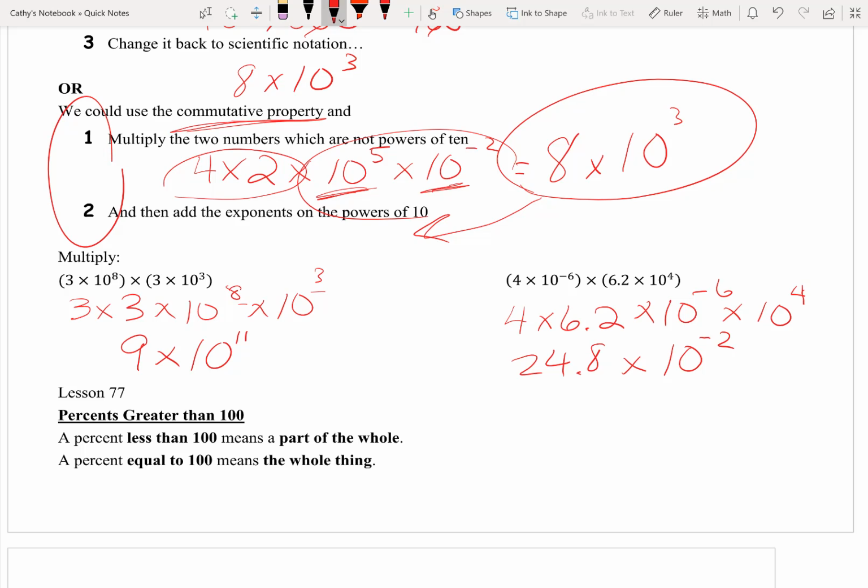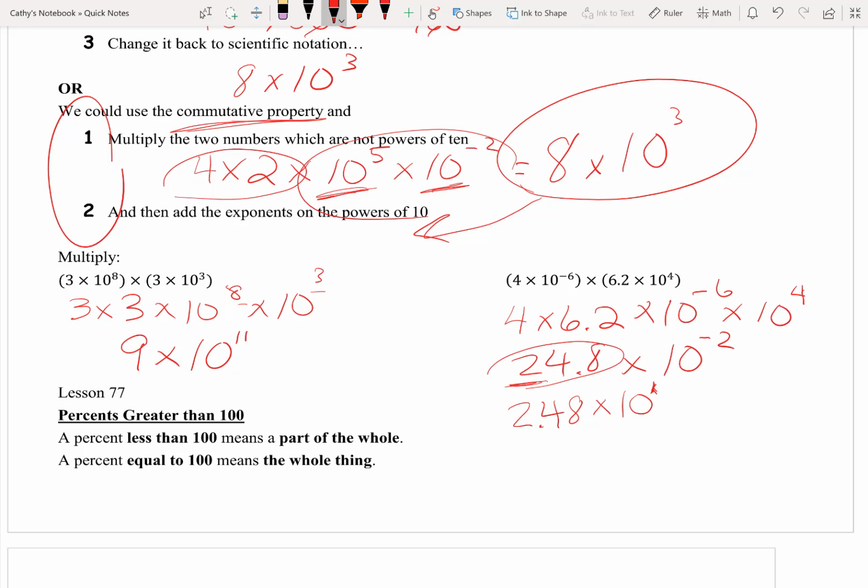And now you're almost done, but this is not written in scientific notation right now. This is because, remember, in scientific notation, you only want one digit to the left of the decimal point. So you're going to need to rewrite it. 24.8 can be written as 2.48 times 10 to the 1st. Because if you move that decimal to one place to the right of the first non-zero digit, which is 2, and then you think about how far you have to move it to get it back to where it was, that's one place.